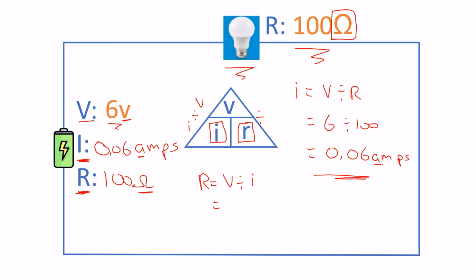I'm going to put in my figures, 6 divided by 0.06. Put it into my calculator, and I'm going to get 100 ohms. And just like that, I'm going to cross-reference 100, 100. And now I know that I did all this correctly, and I can move on to the next calculation, or this may be all I need.